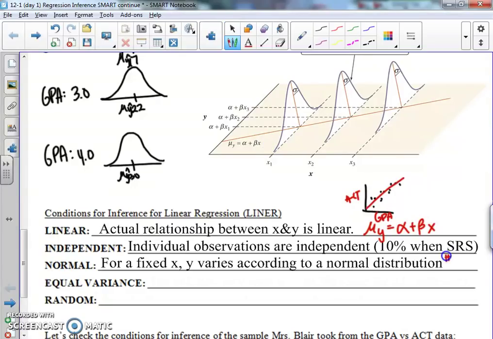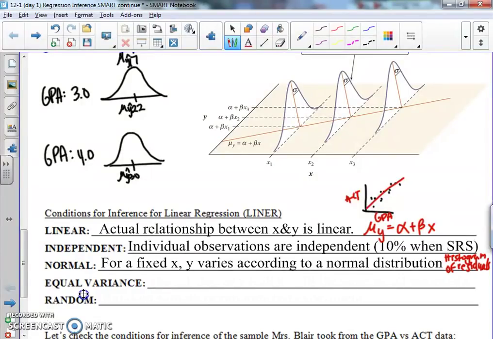We're going to look at a histogram of the residuals, and I'll show you an example down below. But as long as the histogram of residuals looks approximately normal, or we could actually do what's called a normal probability plot of the residuals, then we have satisfied the normal condition.